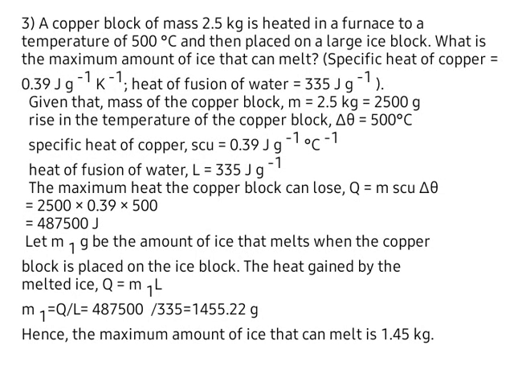Here, given that the mass of the copper block M is equal to 2.5 kilogram, converting into gram, it is equal to 2500 gram. Rise in temperature of the copper block delta theta is equal to 500 degrees Celsius.